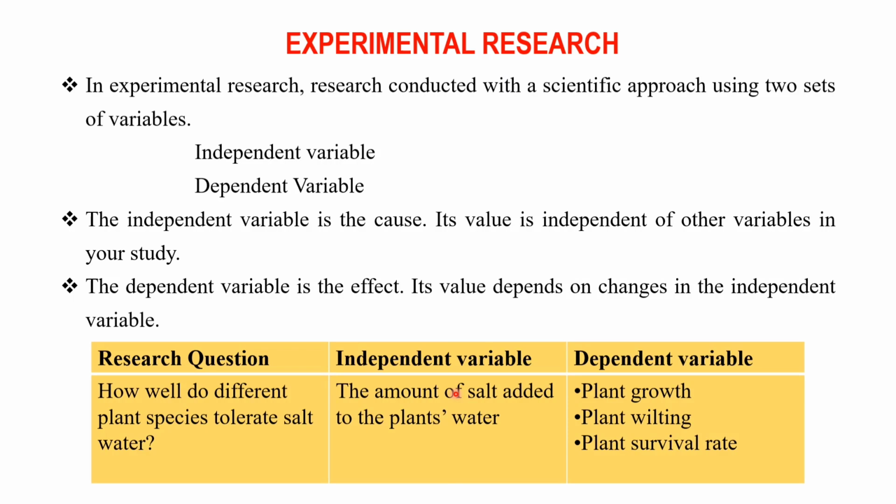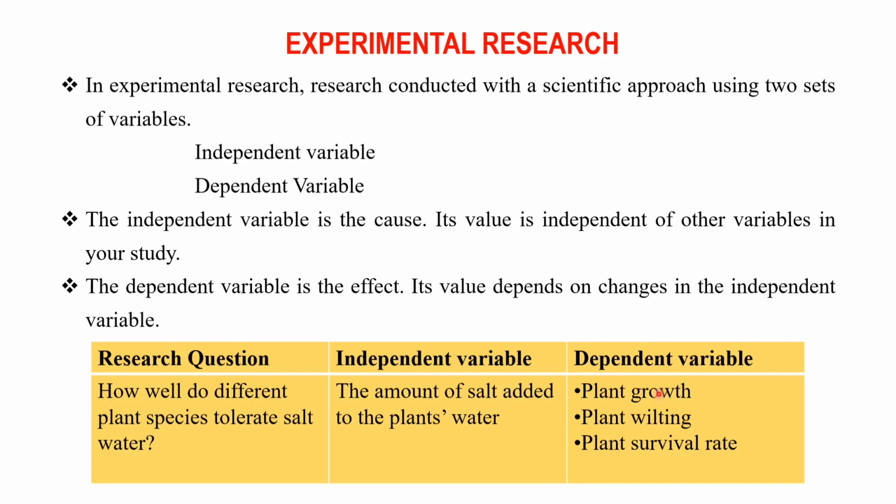If you reduce the salt amount, then plant growth will increase, wilting will slow down, and the survival rate will increase. So the dependent variable factors depend on the independent variable. A change in the independent variable will be reflected in the dependent variable.